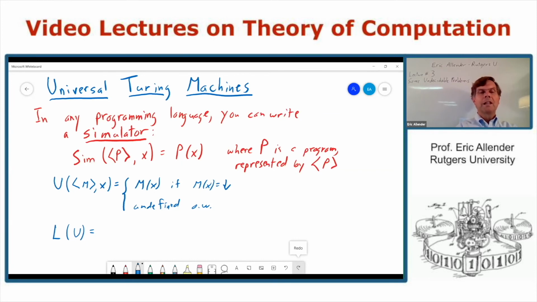And we call that the language of that machine, L of U. And that has a very special name. We call it A sub TM, which is those pairs M and X such that X is accepted by machine M. Okay, so A sub TM is certainly going to be one of the languages that we'll be working with. And the very fact that there is a simulator is certainly a crucial and important fact about Turing machines.